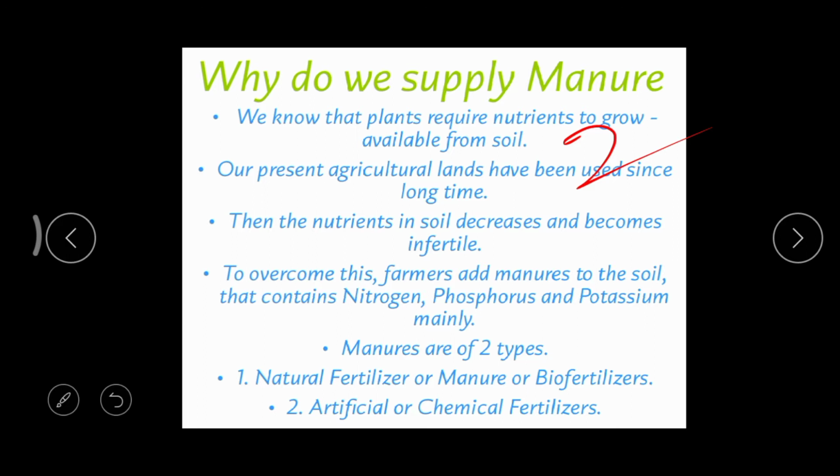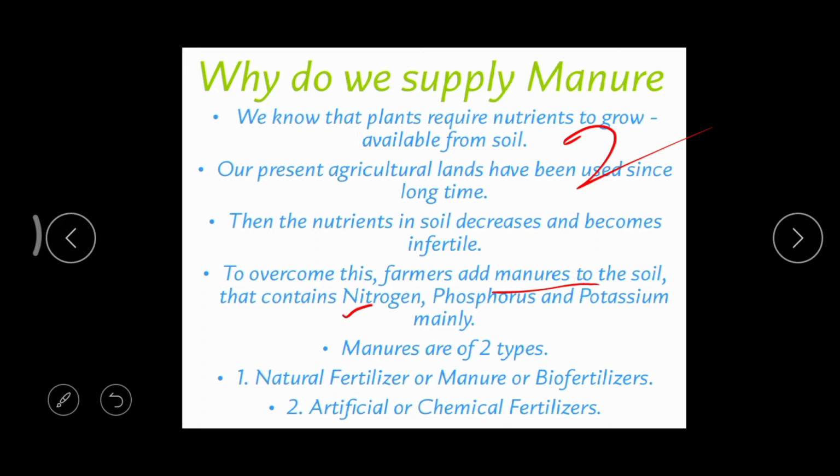Correct. So to overcome this problem, that means again to make the soil fertile, the farmers use manures, or we can otherwise say fertilizers. In fertilizers or manures, we can find three main components. What are they?